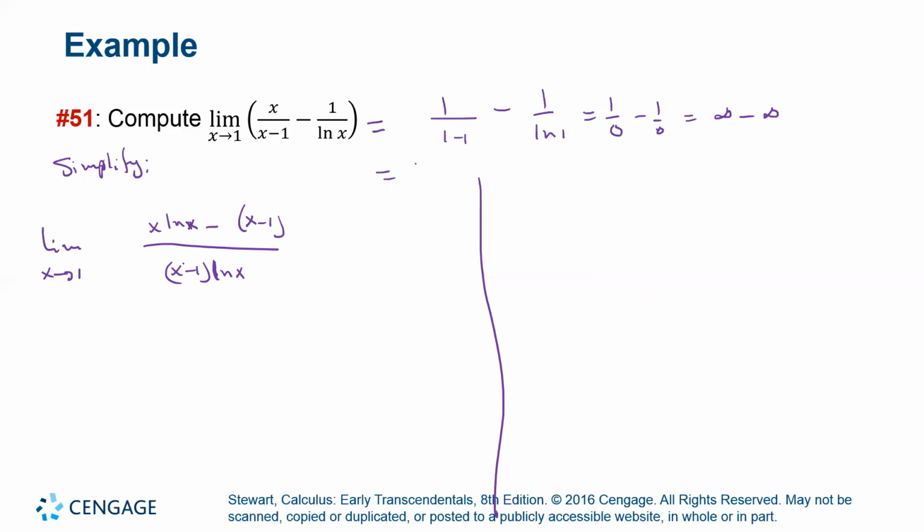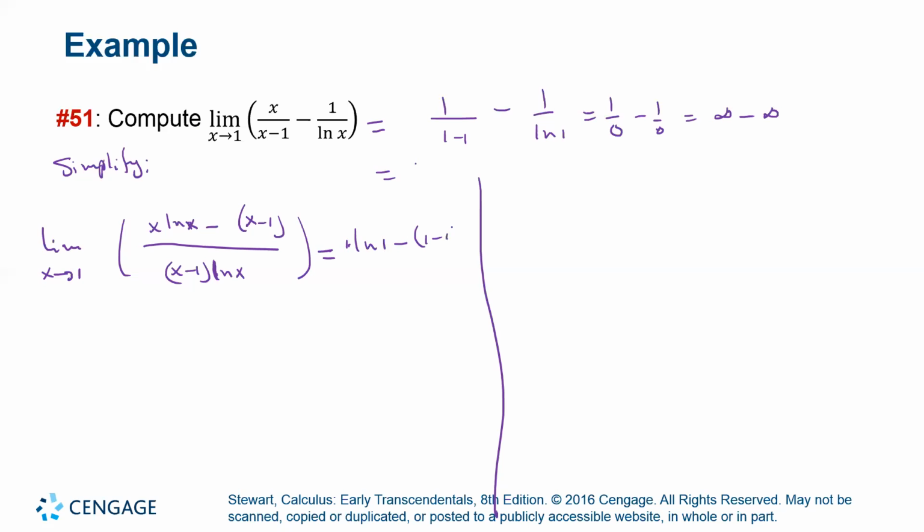So this will be my expression right there. Now, let's just take x goes to 1 and see what we get. If x goes to 1, we have natural log of 1, and then minus.